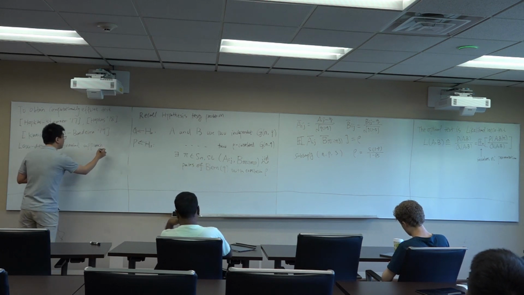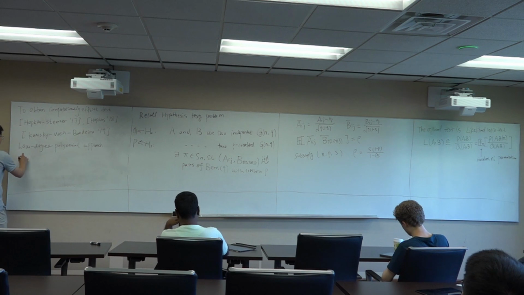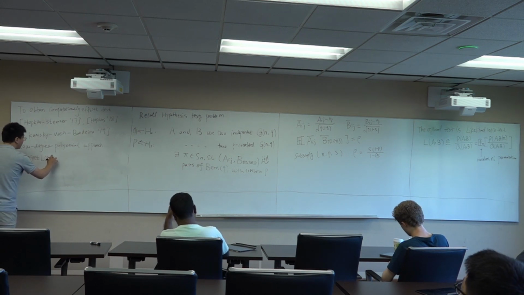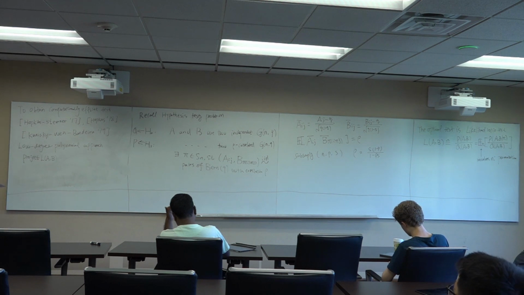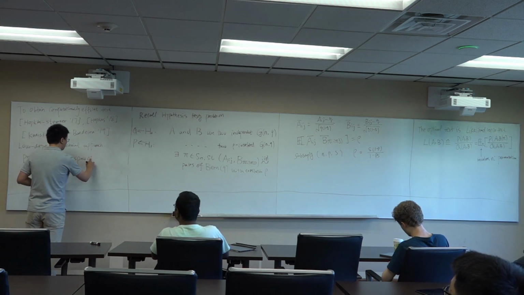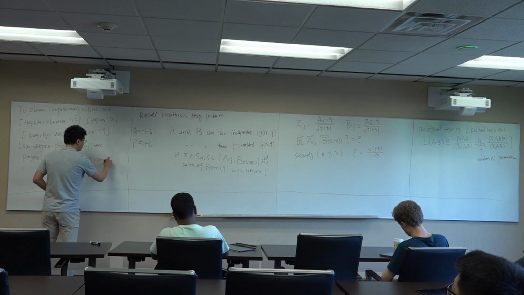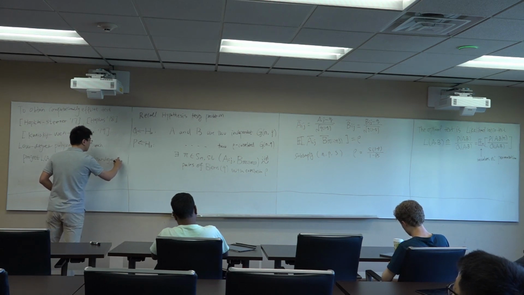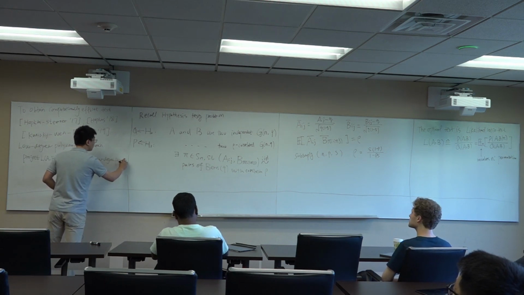Okay, so the high-level idea is that they're going to project this likelihood ratio, which you can think of as a function of the entries A_ij, B_ij, onto some space of low degree polynomials.